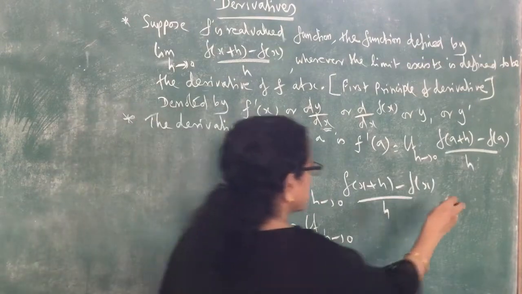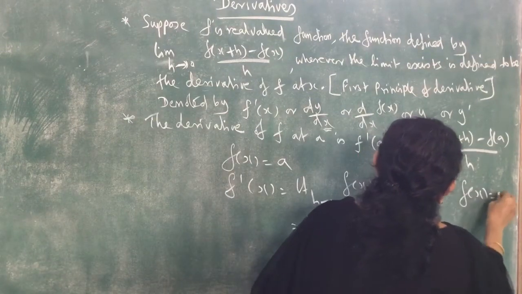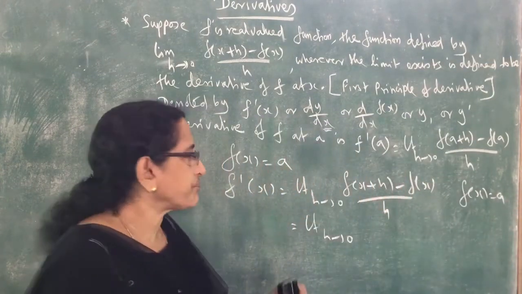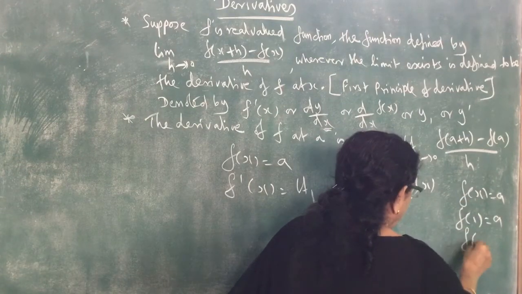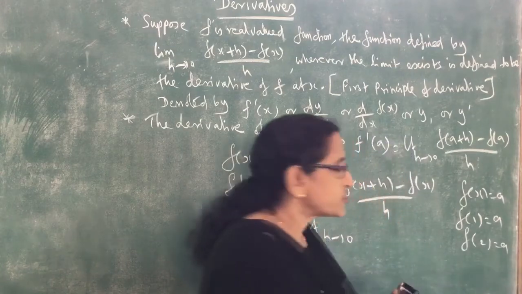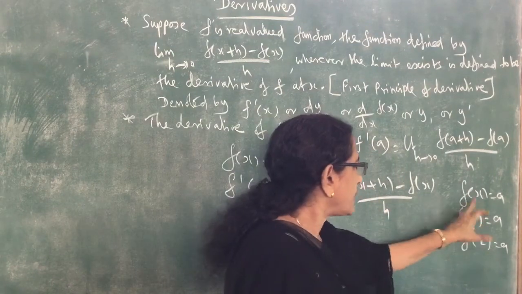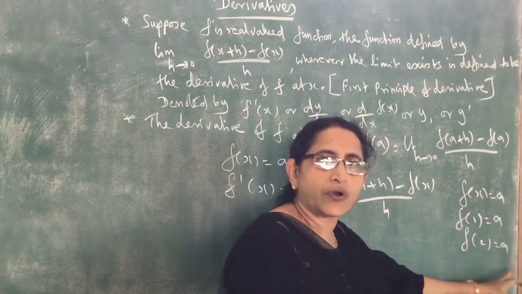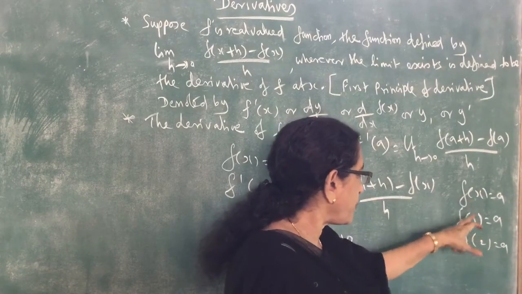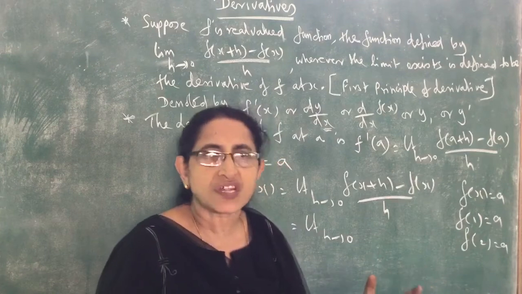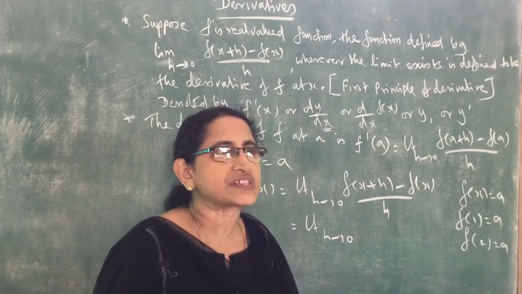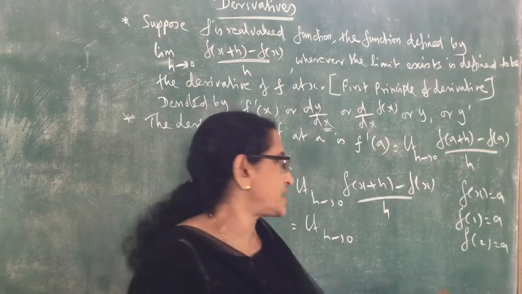This is a constant function, f of x equal to a. So what is f of 1? That is a. f of 2 is also equal to a. Whatever be the value of x, the value of f of x is always a. That is why it is called a constant function.